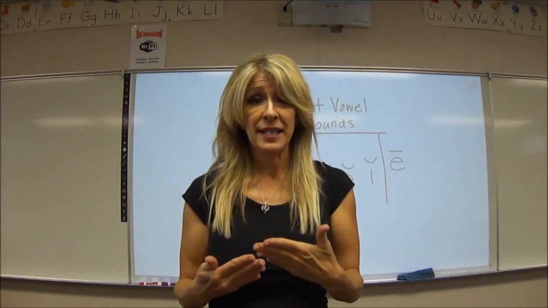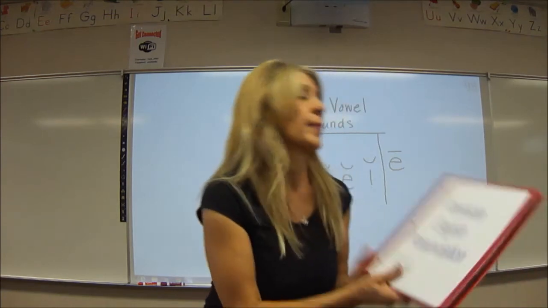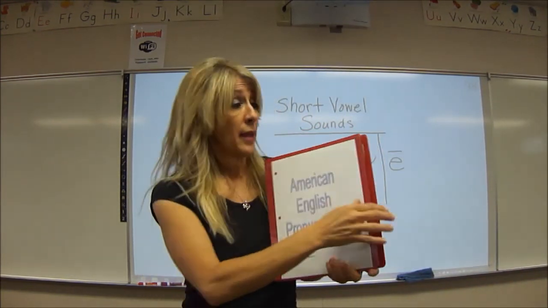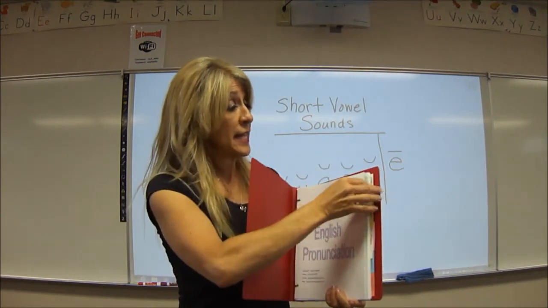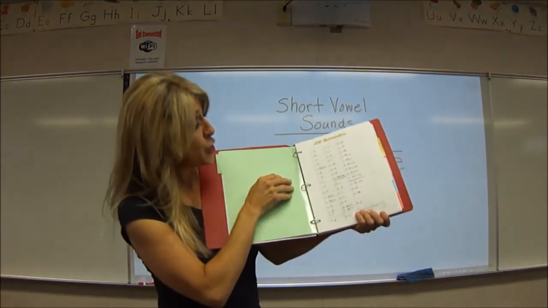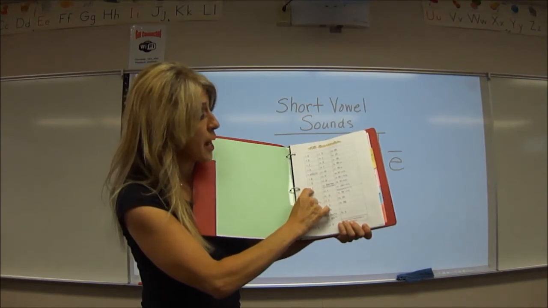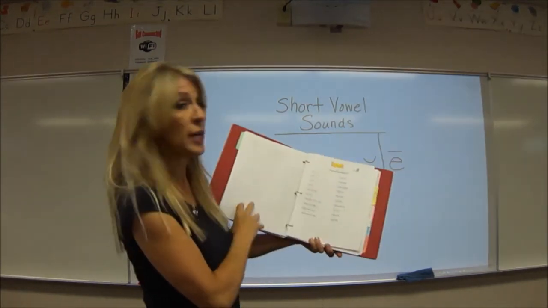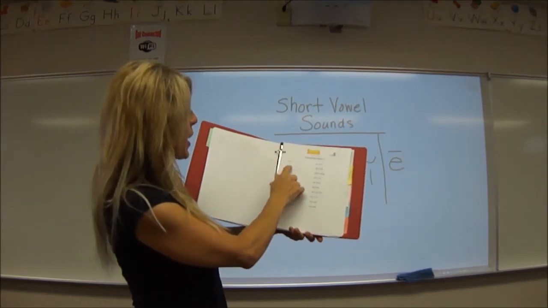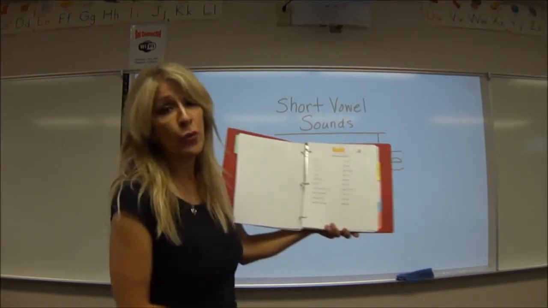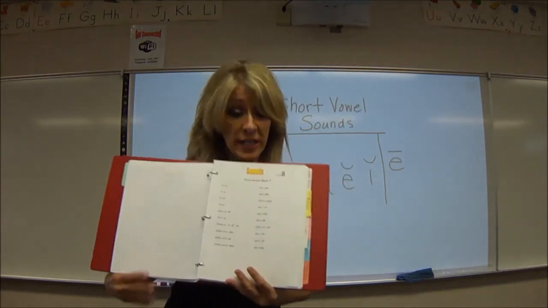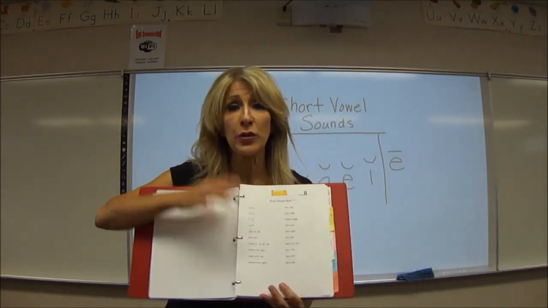So, after this lesson, go to your notebook, go to my blog, look in the sound section, and you will see that short I is number 8. So turn over here, turn to number 8, and then you can practice. Now see these numbers? Remember, those numbers tell you where this is on the most frequently used words.